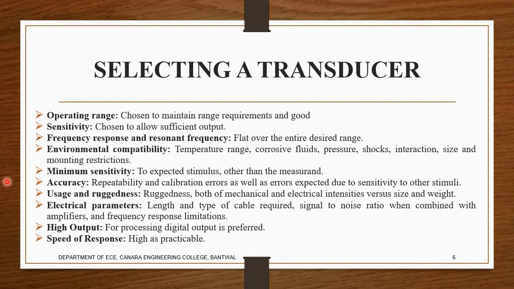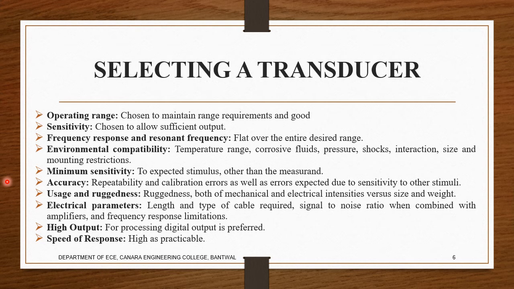Next, the accuracy, the repeatability and the calibration errors, as well as errors expected with sensitivity to other stimuli. Repeatability has to be the same, and calibration errors have to be less. Calibration has to be done very regularly so that it doesn't affect the next process. Then usage and ruggedness.